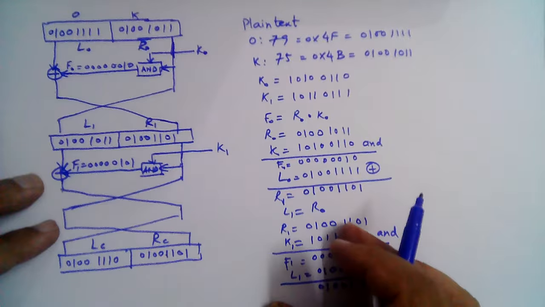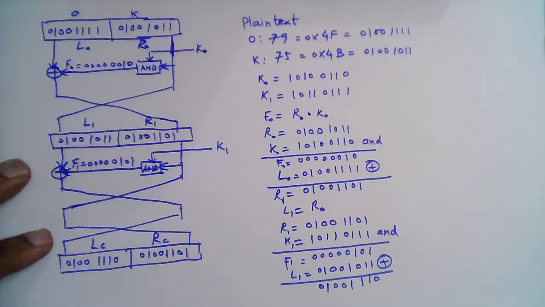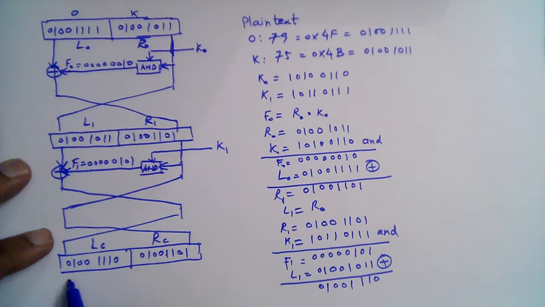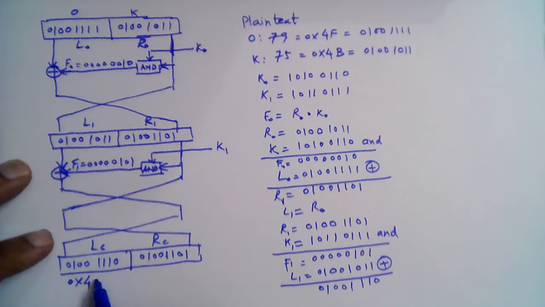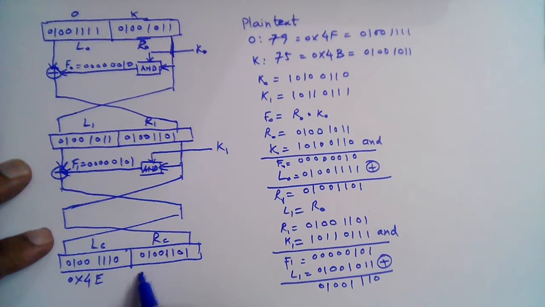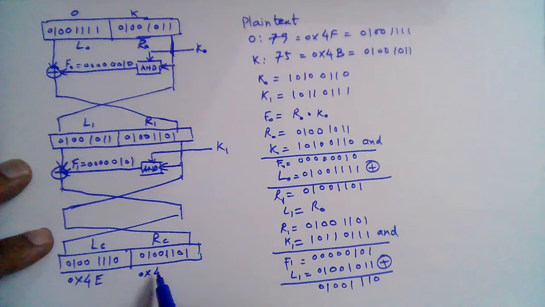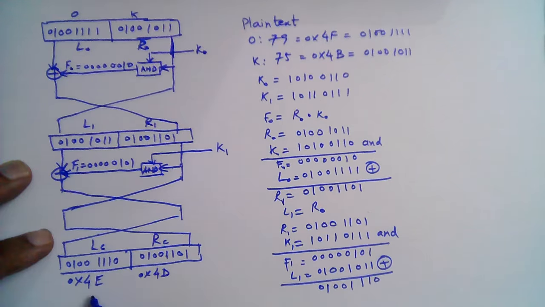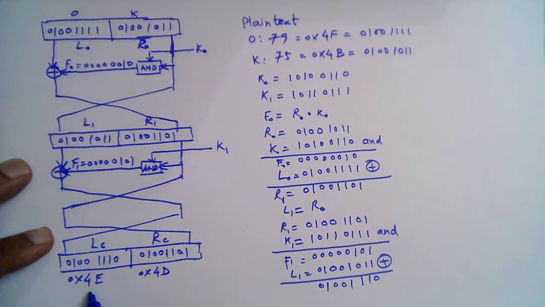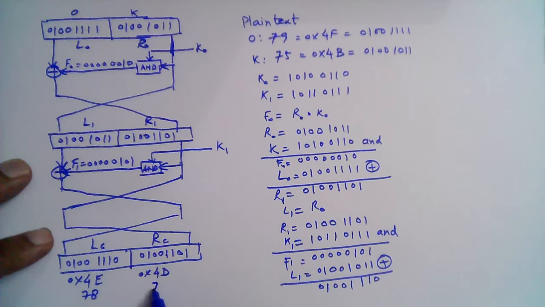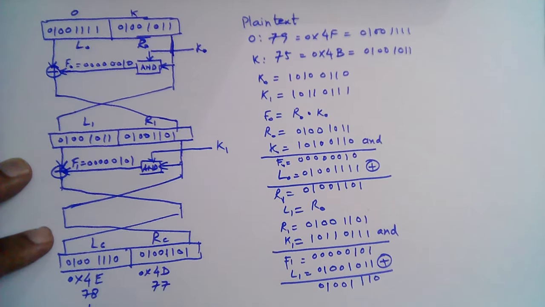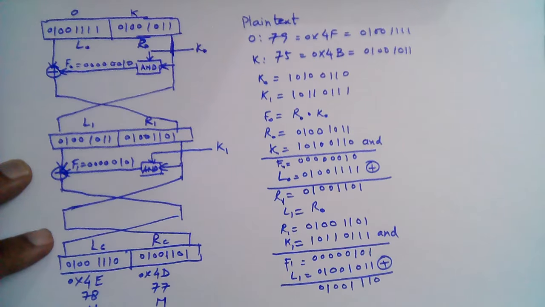So this is the ciphertext that we have obtained, and if you look at that, this is 4E hex, and this is again 4D hex. This is decimal 78, this is decimal 77, this is the letter N, and this is the letter M, right?